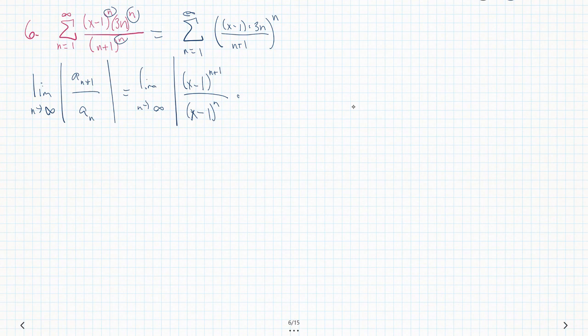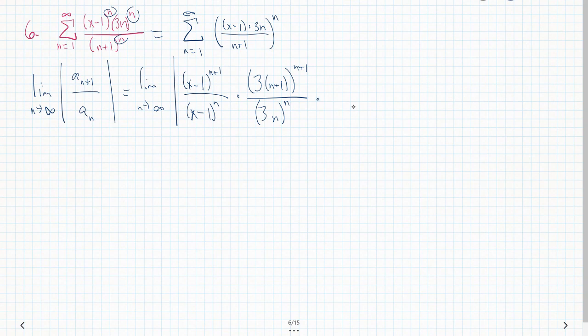And I want you to see the ratio. It's good to see that. Yeah, you can do the root and work it that way. We'll see both just to set it up and show you the difference between these two. So for the next one, we'll have 3 to the n plus 1 raised to the n plus 1 power, and then that's all over 3n raised to the nth power.